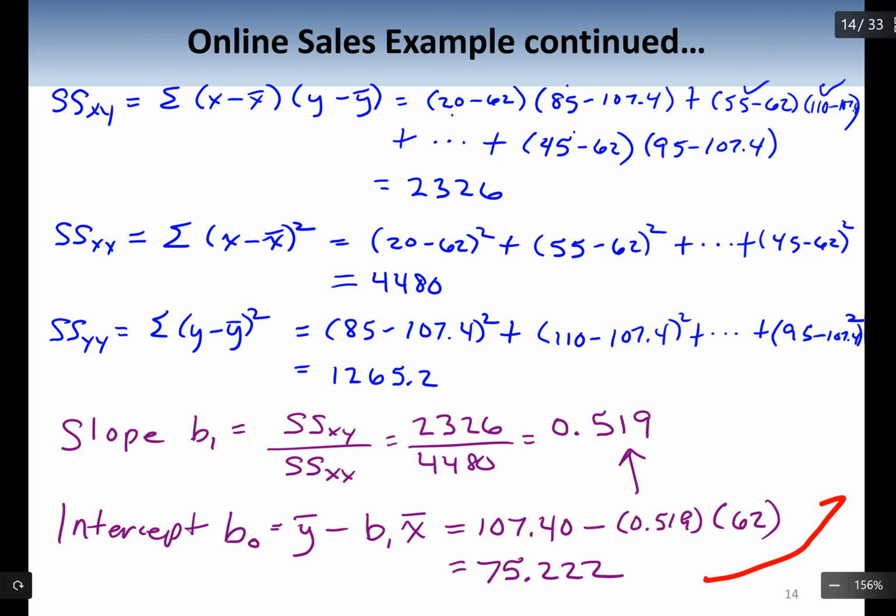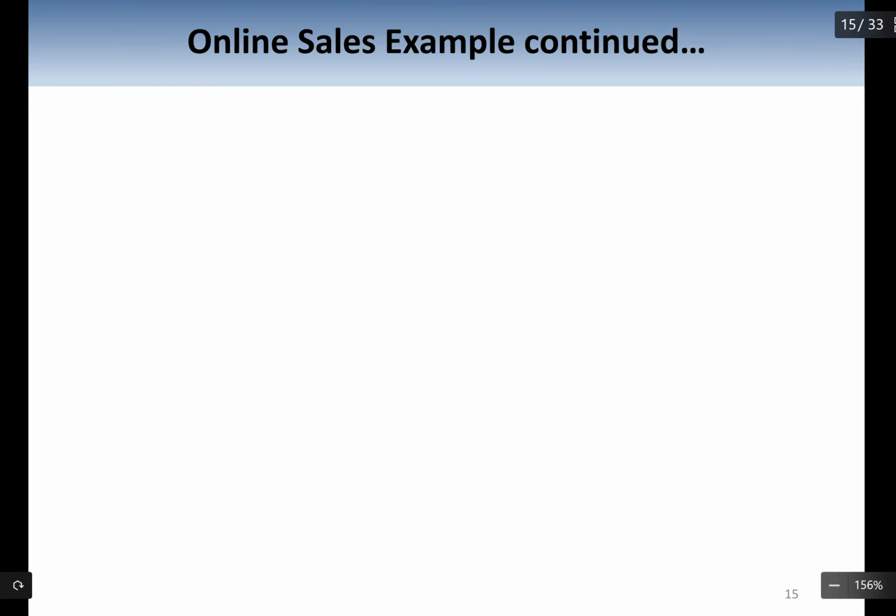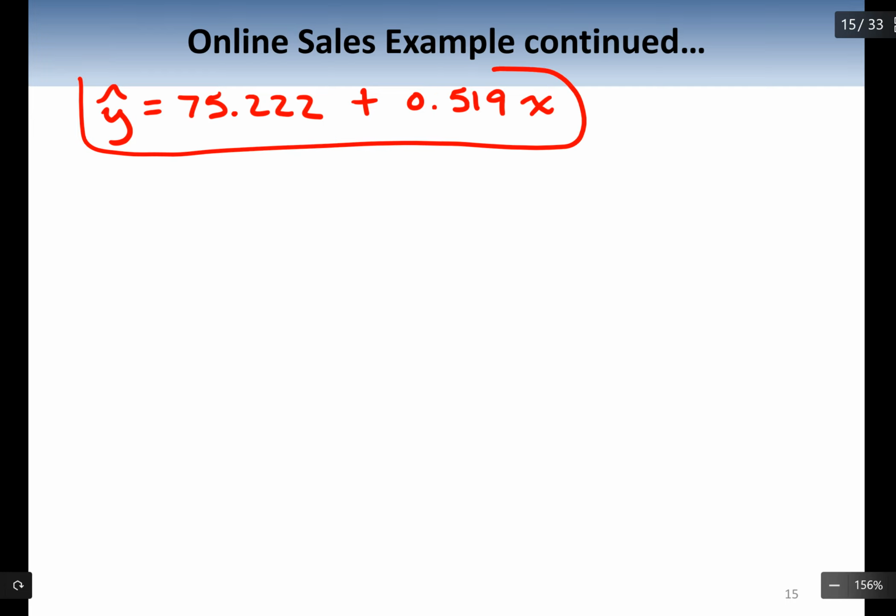So we'll just go over here. Least squares regression line is right here. Formally, y hat equals 75.222 intercept, plus we have a positive slope that's consistent with the plot we saw. The slope is 0.519 times x. So we can use this to plug in any value of x.